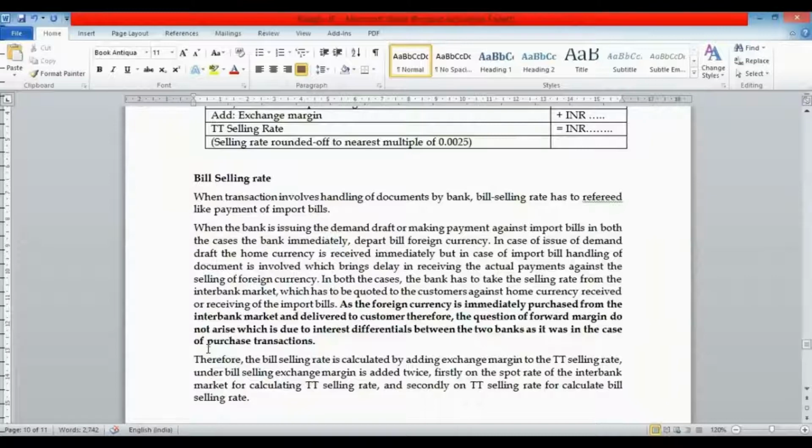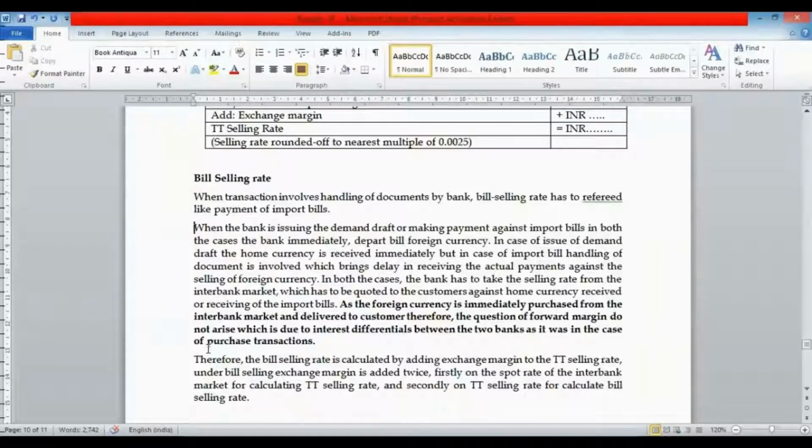The bank approached the interbank market, received the foreign currency from the interbank market, and immediately handed over the foreign currency in the form of an instrument to the customer. That means the foreign currency purchased by the bank from the interbank market is not being held by the bank. It has been immediately paid to the customer.